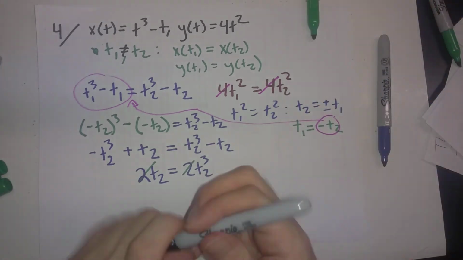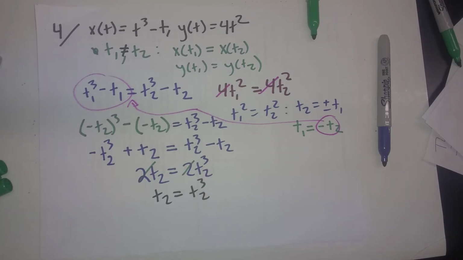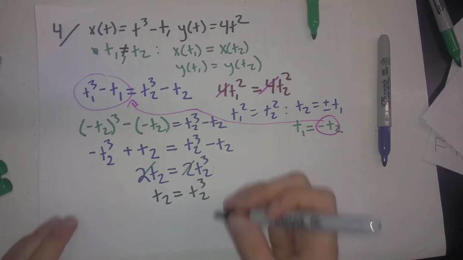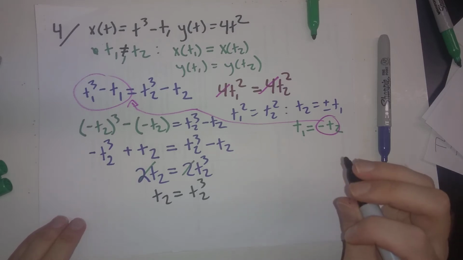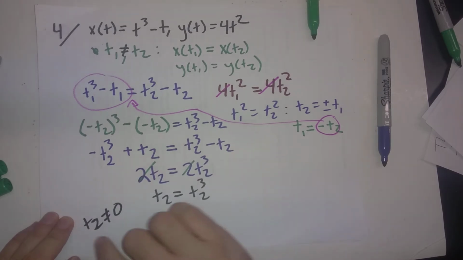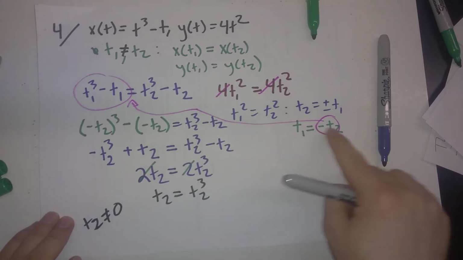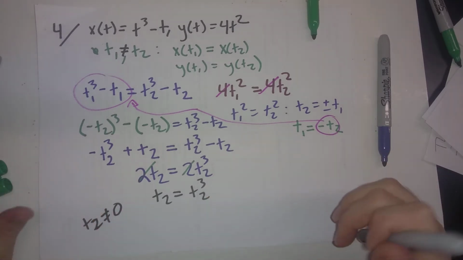What are we left with? t2 is equal to t2 cubed. Dividing both sides by t2, we can do that because we know that t2 is not equal to 0. If t2 were equal to 0, t1 would equal minus 0, which is also 0. We'd have two different things that are 0. We don't want that.